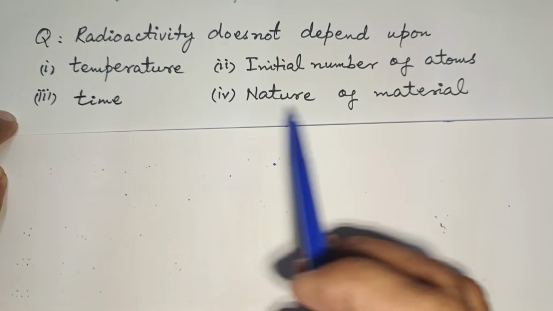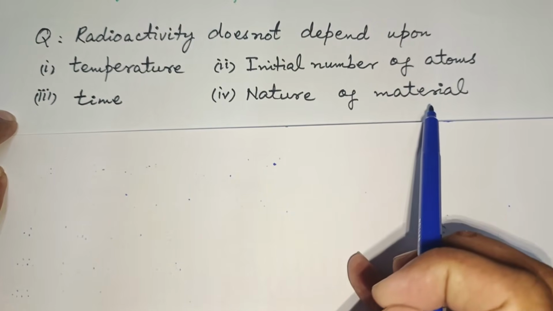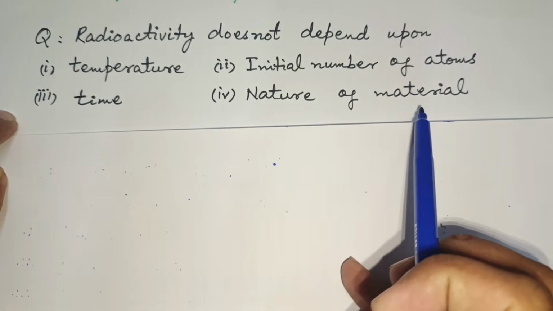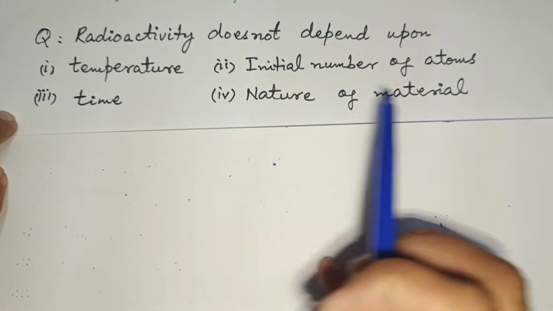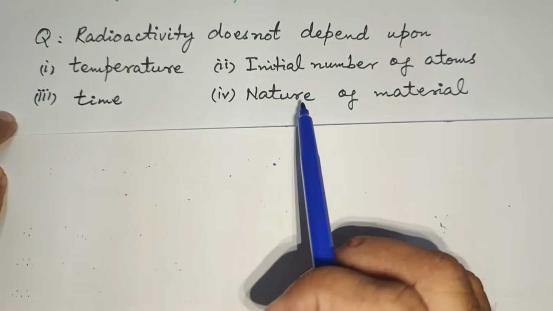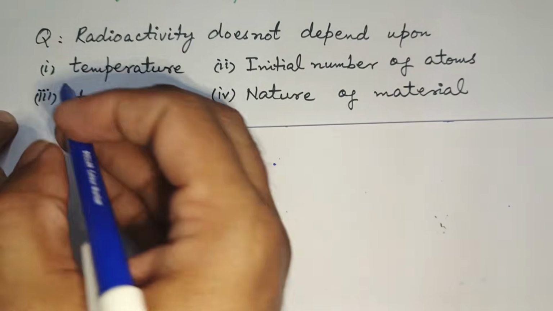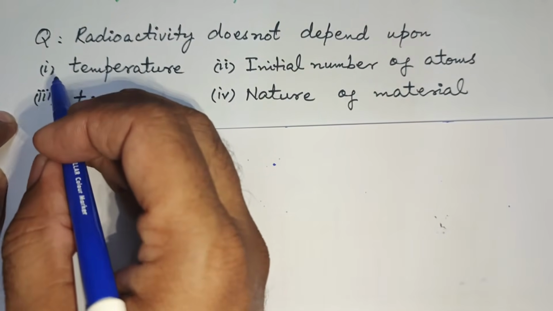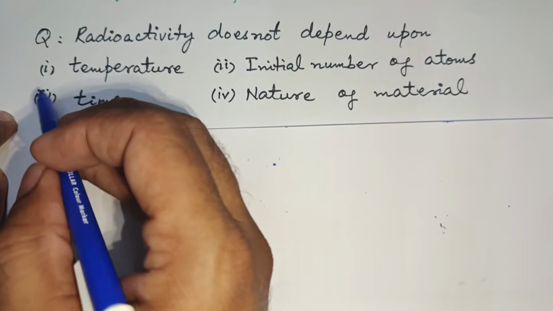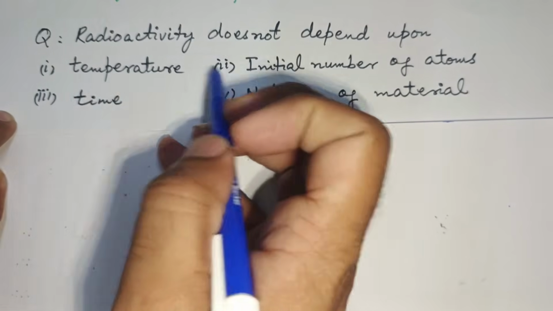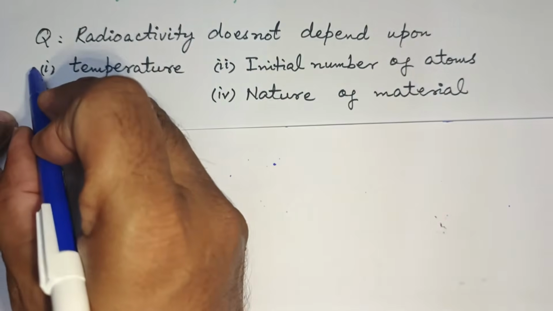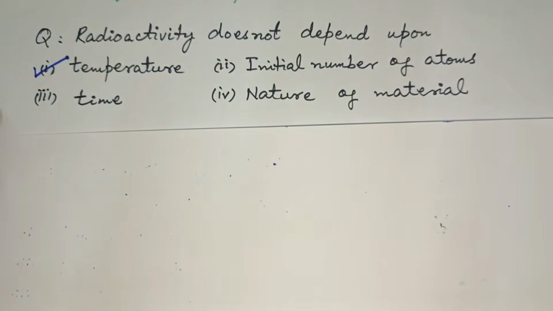Time also matters. Nature of material also matters. If it is radioactive, then it will disintegrate, otherwise it will not. So which one is irrelevant? The temperature. Either there is summer, winter, autumn, spring, whatever it is, the radioactivity will continue. So temperature is irrelevant.